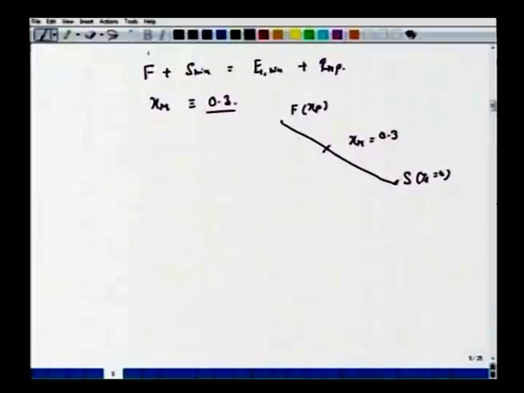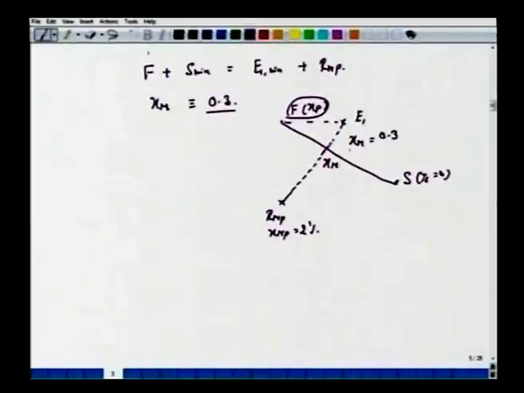So all we have done, we connected this tie line again as E1, and if we extend this line here and connect this with this RNP, you have XNP as 2%. So first, instead of the del point, now we are obtaining through this XM mixing point here, 0.3. Okay, so XM is 0.3.